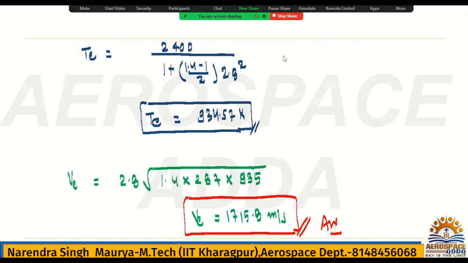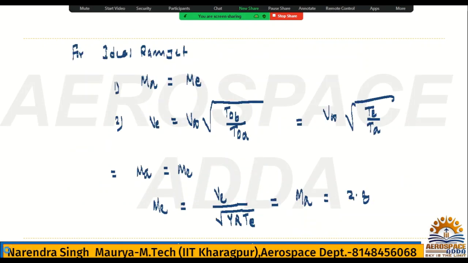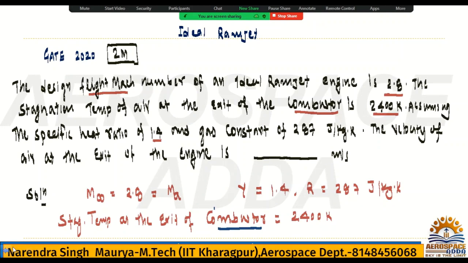Okay, 2 marks. So check, in this problem it was given for 2 marks, it was fill in the blank. 1715.8 meter per second. There is no negative mark for the fill in the blank problem, but you have to be very careful, because the computer will take a range of approximate values, suppose 1713 to 1717, like that they have given the range.